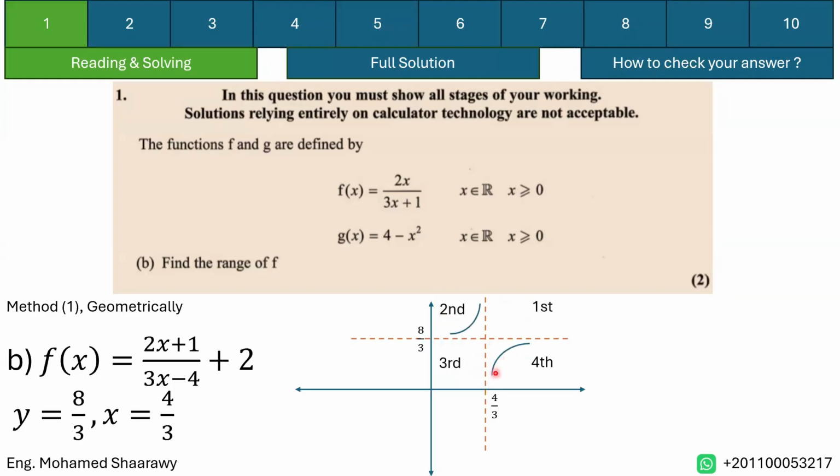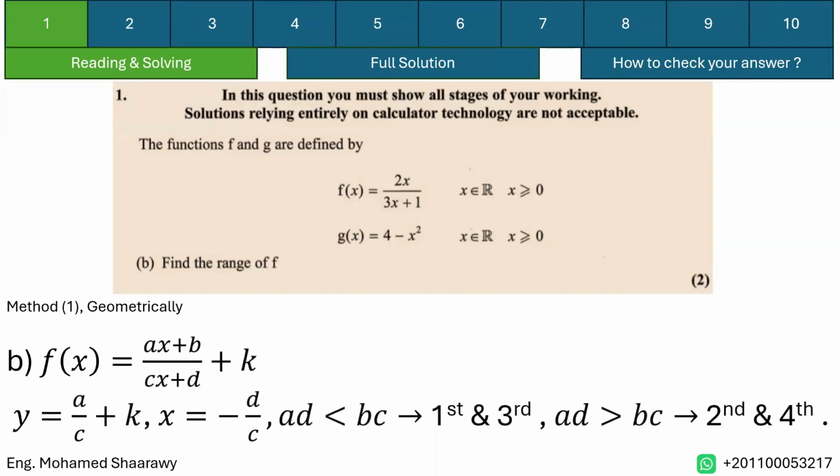In order to answer such a question, you need to ask yourself about the product of 2 and negative 4 and 1 and 3. You need to check whether a times d is greater than or less than the product of b times c. So if AD is less than BC, you draw this function in the first and the third quads.